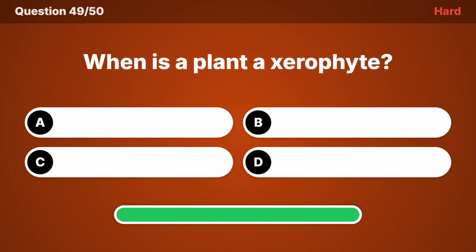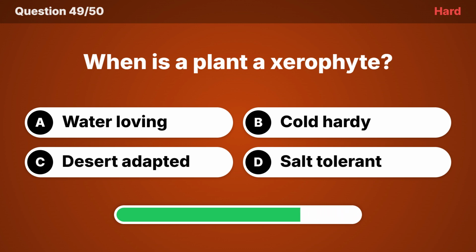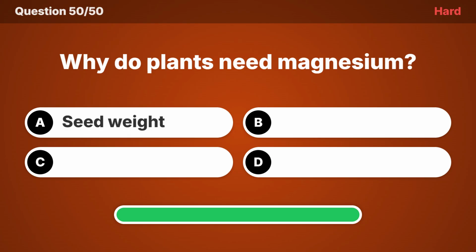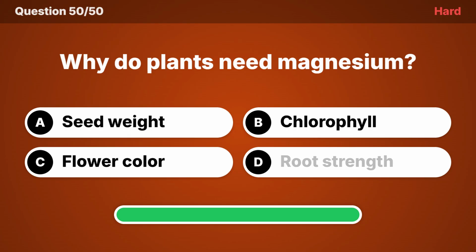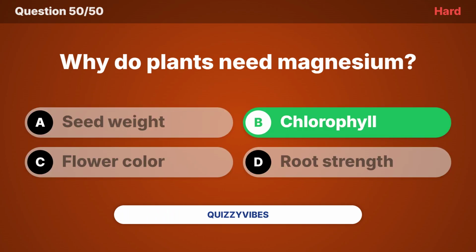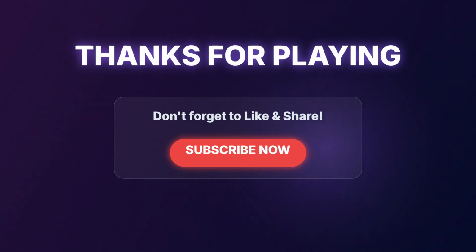When is a plant a xerophyte? Here is the answer: desert adapted. Why do plants need magnesium? Answer: chlorophyll. Great job.